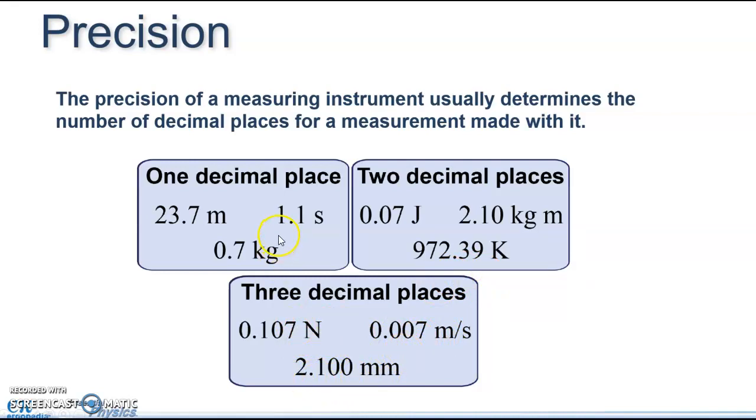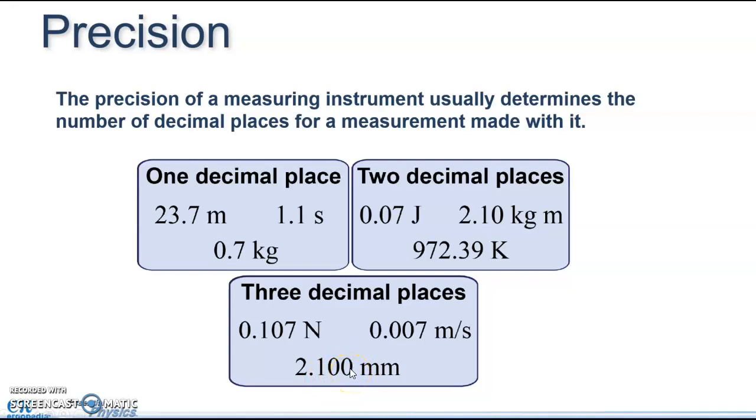The one that I'll draw particular attention to here is if you write down in a science class 2.10 and 2.100, those zeros are indicating that you actually measured all the way out to the last zero there.